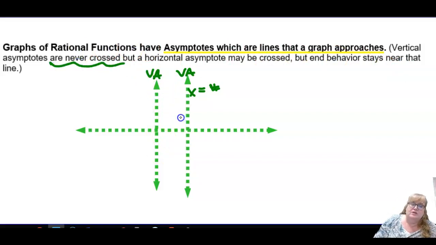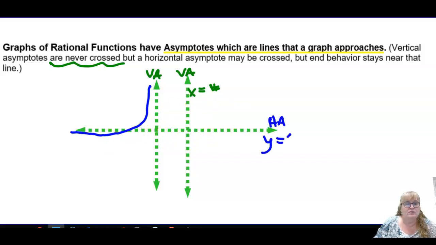They're not even touched. But horizontal asymptotes can be crossed. We will do one where the graph crosses the asymptote and then stays just below it. It's kind of weird, but horizontal asymptotes, which are y equals lines, y equals 2, y equals 0, whatever, can be crossed, okay? But the function stays near that.